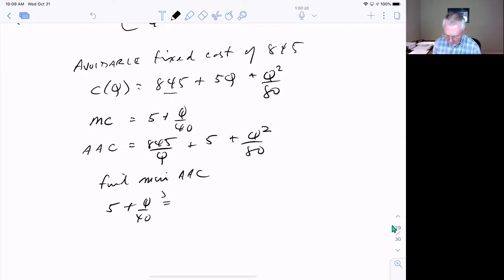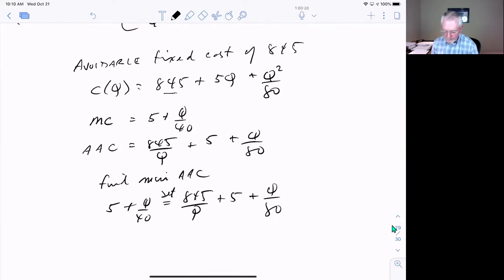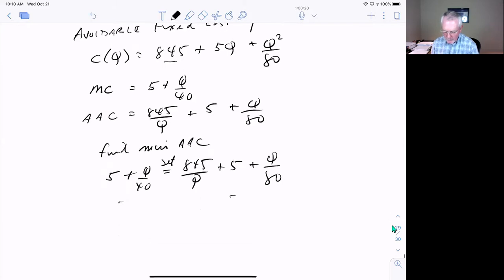I'm going to set that equal to 845 over q plus 5 plus q over 80. This isn't squared here, this is just a q. So this is marginal cost, this is average avoidable cost.